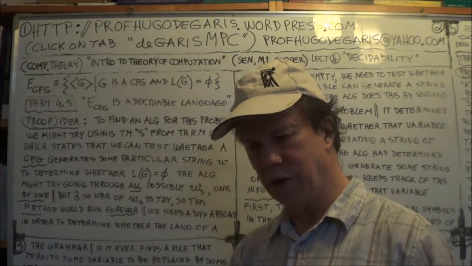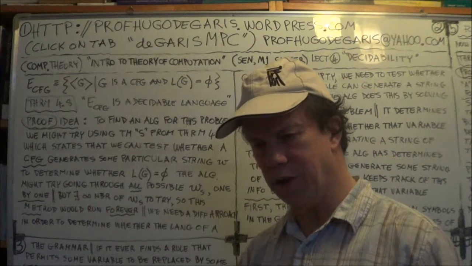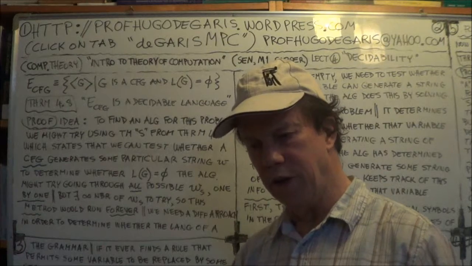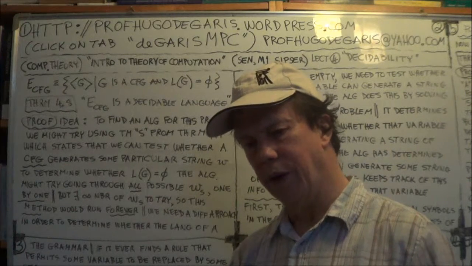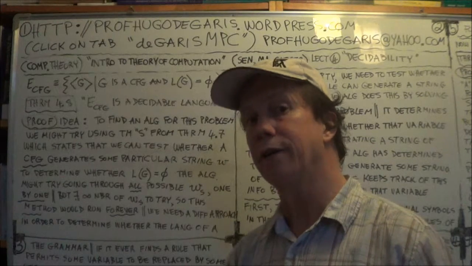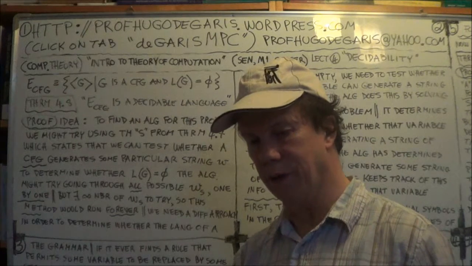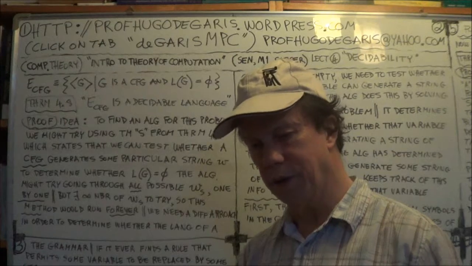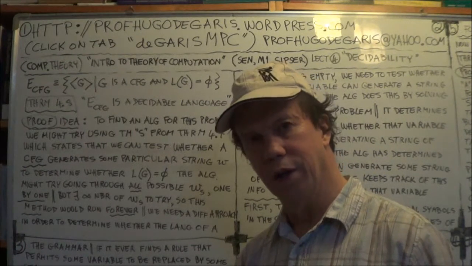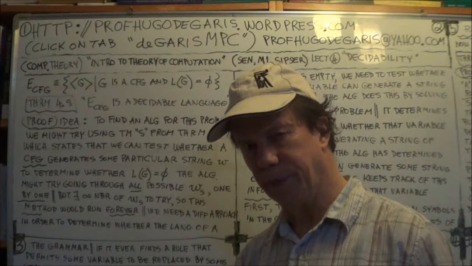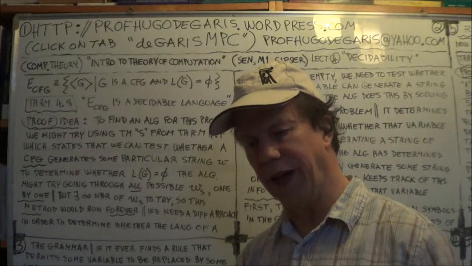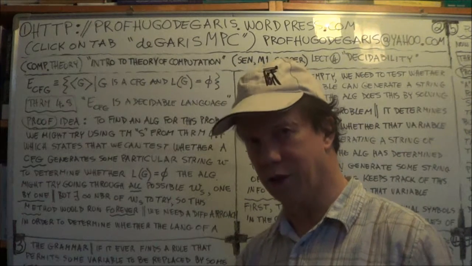And you just loop through this until eventually there are no more variables that you can dot, and then you come out of the loop, and then you test to see whether the start variable, big S, is dotted. If it is dotted, then a string can be generated by that grammar, in which case the language of that grammar is not the empty set.